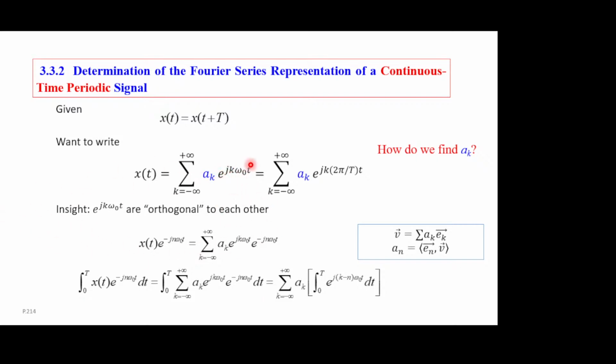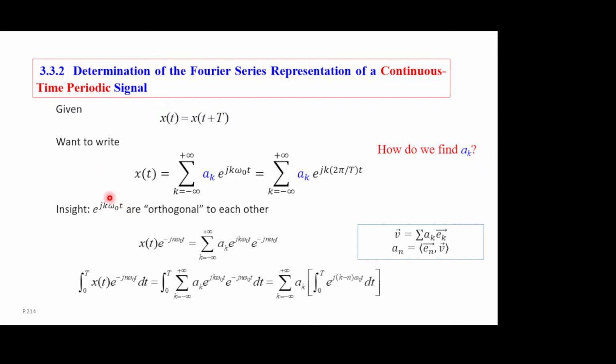All those different e to the jk omega t, those harmonic functions, are orthogonal in the following sense. It's very similar to our matrix case. In the matrix case, we have a whole bunch of eigenvectors, and sometimes the eigenvectors are orthogonal to each other.